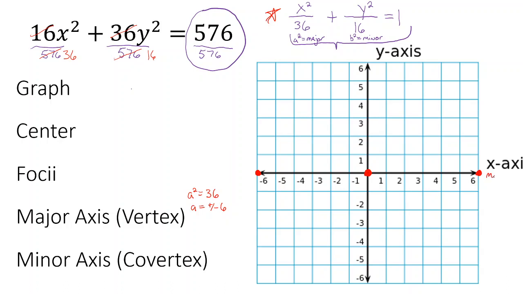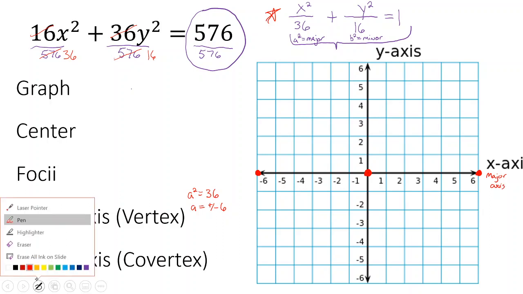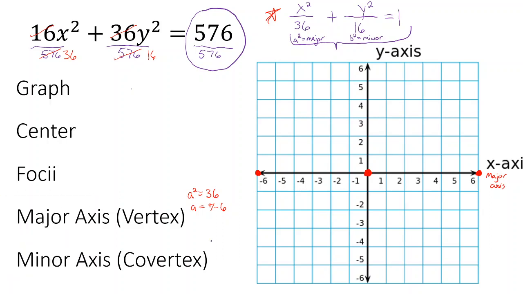This is my major axis. Now in my minor axis, it comes out cute too. b squared is equal to 16. So b equals plus or minus 4. So I go to the center, and I go up 4, and I go down 4.